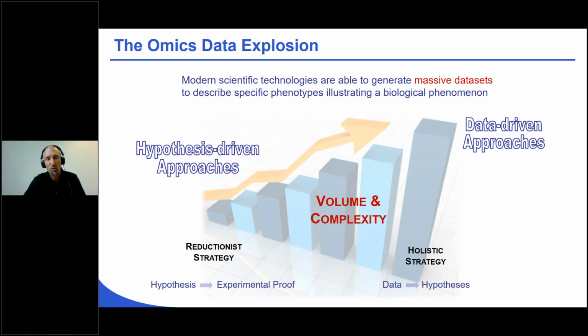This ability now to collect data in increasing amounts and complexity has changed a bit the way we can deal with this knowledge discovery, because now we can start by collecting data and, using a more global strategy, try to build hypotheses from the data we collected.